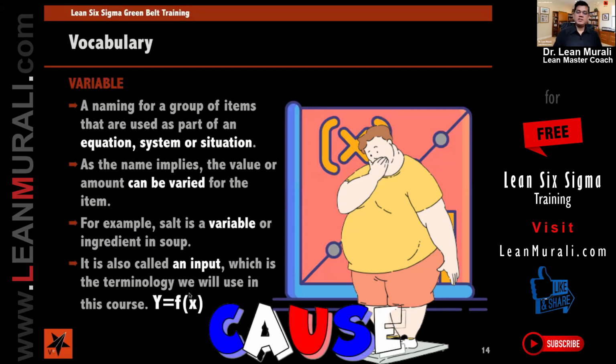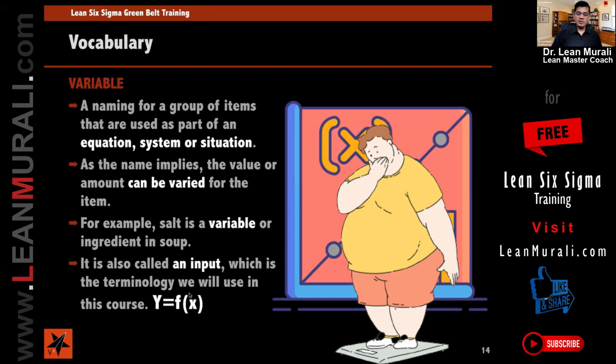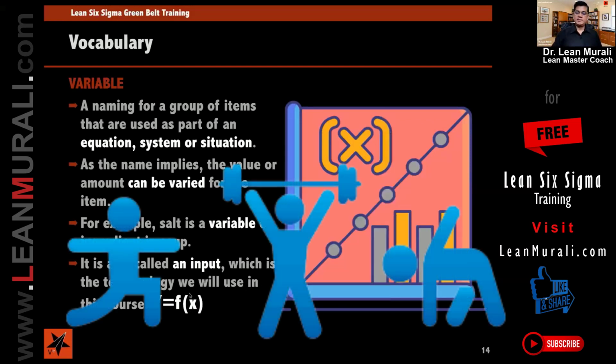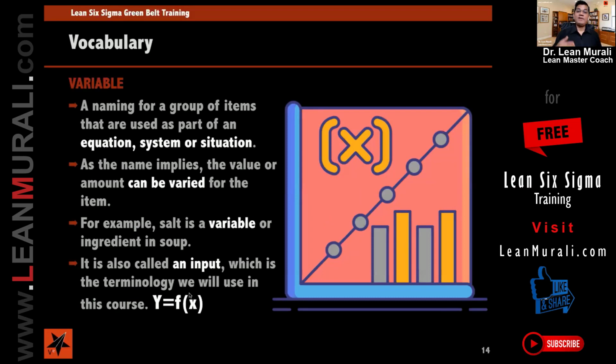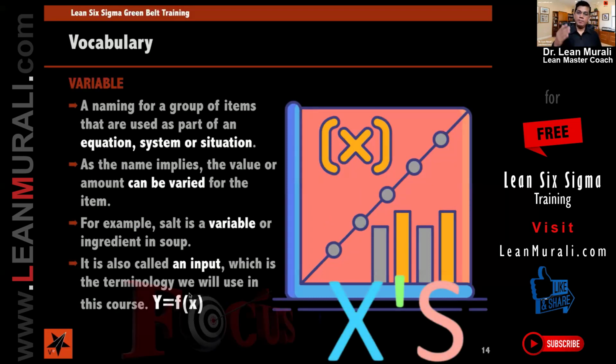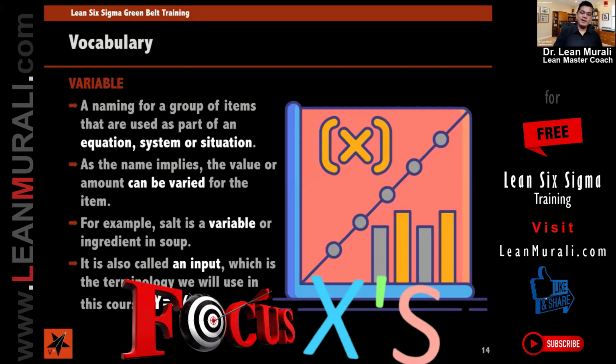The amount of ghee you're taking, the amount of exercise you're doing, etc. So X1, X2, X3, X4, X5, X6, whatever it is, we have to identify the critical X's that are variable and focus on the main X's so that your weight can reduce.